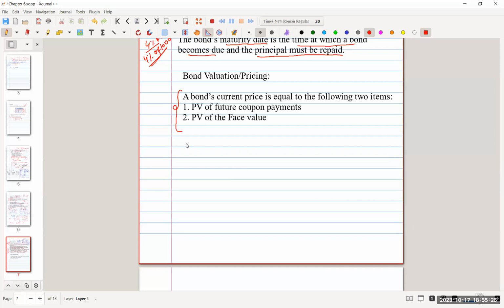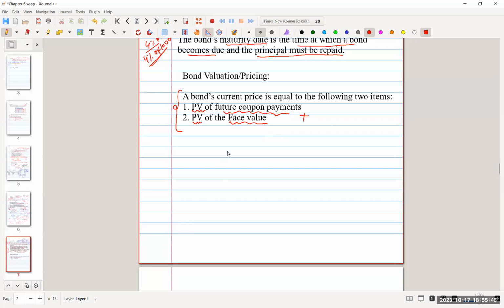It's very, very simple because you need to perform only two operations. One is to calculate the present value of all the future coupon payments, and then find out the present value of the face value of the bond. Once these two are determined, just add them up, and that will become the price of the bond. That's all.